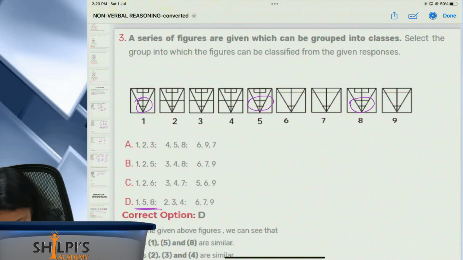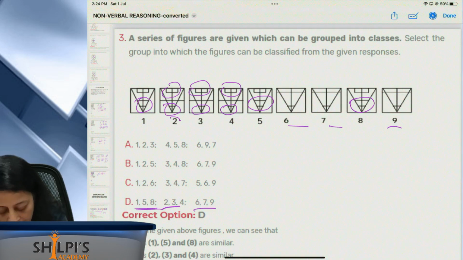Let us see whether the others also go. So 2 with a line here and here, 3 with a line here and here, and 4 with a line here and here. 5, 6, 9, they are separate. So the option is D here.